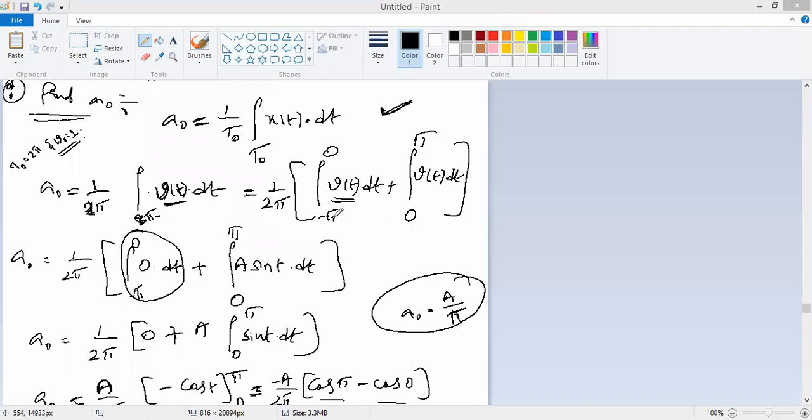In the interval minus pi to 0, what is the v of t value? The value is 0. Next, in the interval 0 to pi, the value is A sin t.